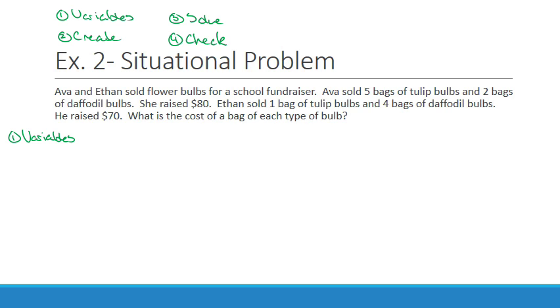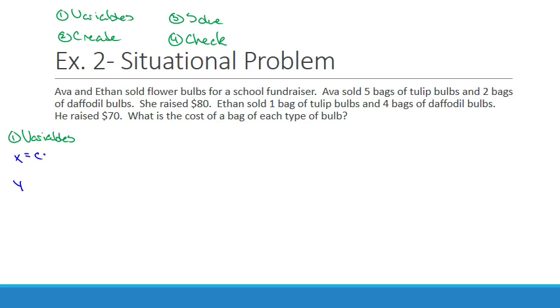All right, so Ava and Ethan sold flower bulbs for a school fundraiser. Ava sold 5 bags of tulip bulbs and 2 bags of daffodil bulbs. She raised $80. Ethan sold 1 bag of tulip bulbs and 4 bags of daffodil bulbs. He raised $70. What is the cost of a bag of each type of bulb? So those will be my variables. That'll be my x and my y.